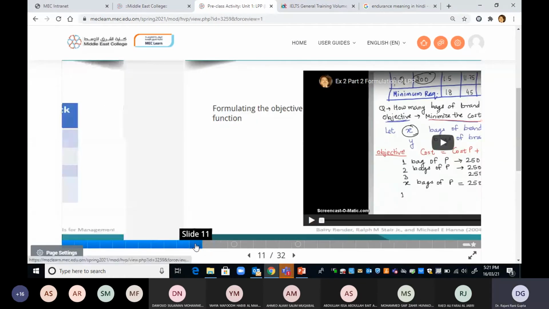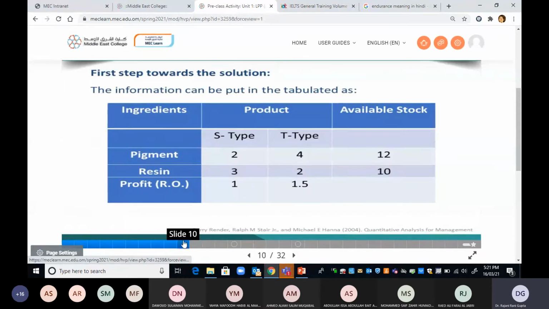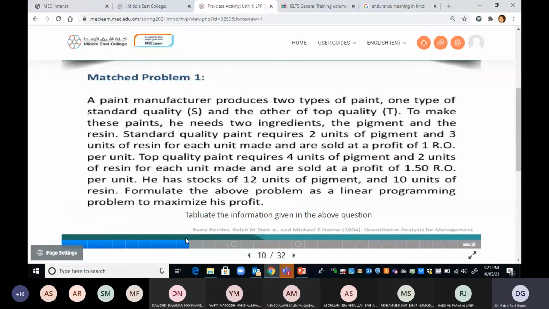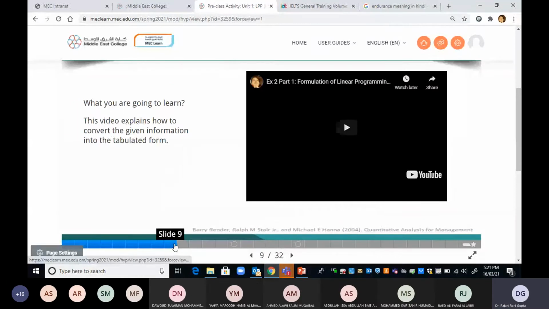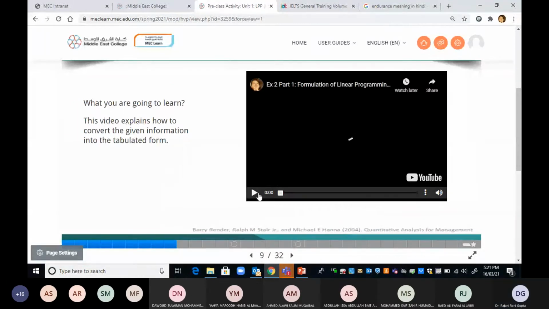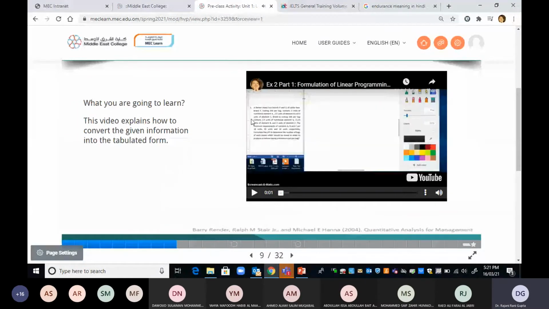In this video, I explained how to prepare the table first, meaning how you can convert the information given to you into the form of a table. So you will now have two examples: one that we have discussed in the class, and another is this one.